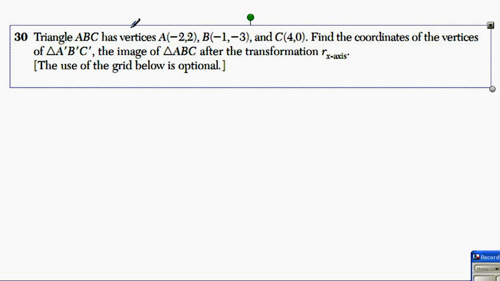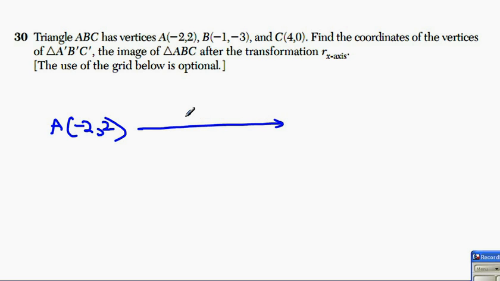Alright, next question. We have 3 points here. After a transformation of reflection about the x-axis, A is negative 2, comma 2. When it's reflected about the x-axis, the X value stays, the Y value gets negated, so A prime becomes -2, -2.